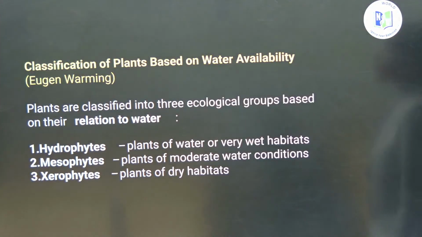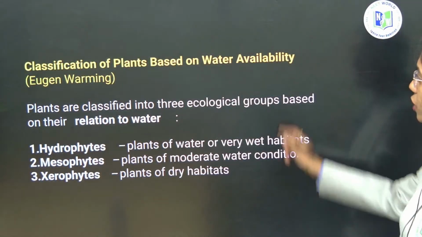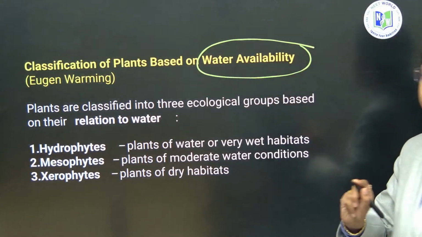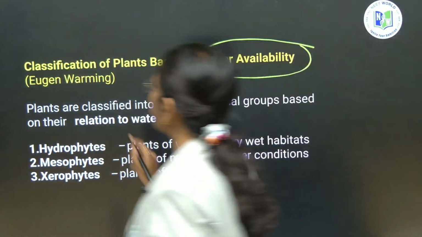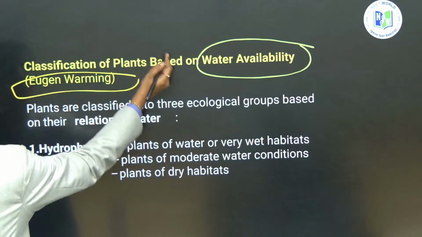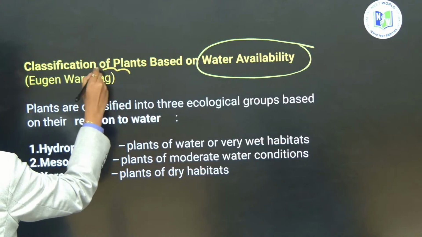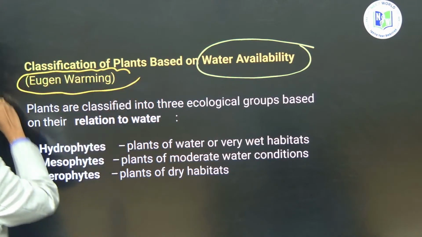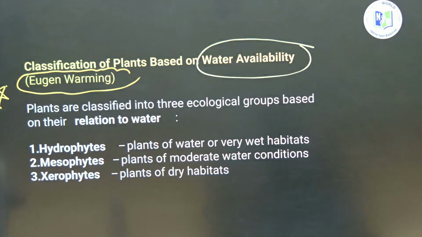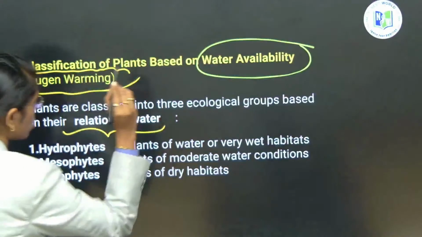Now, classification of plants based on the water availability to them is done by Eugen Warming, which is important. Plants are classified into three ecological groups, based on their relation to water.